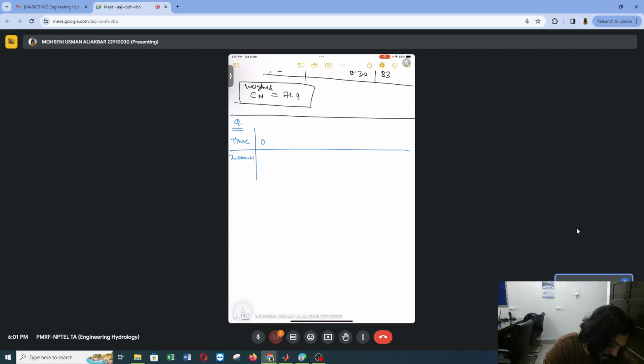The time period is, let us say, 0, 1, 2, and this is in hours. And we have incremental rainfall also, which is in centimeters, and the value for 0 is 0, and they are asking us to calculate the value of phi.